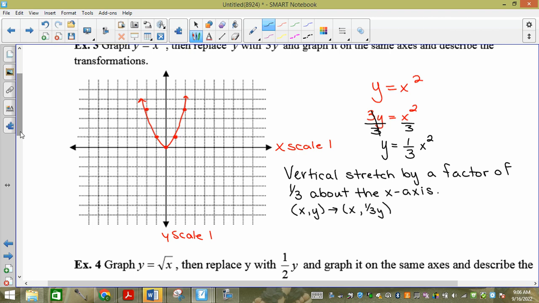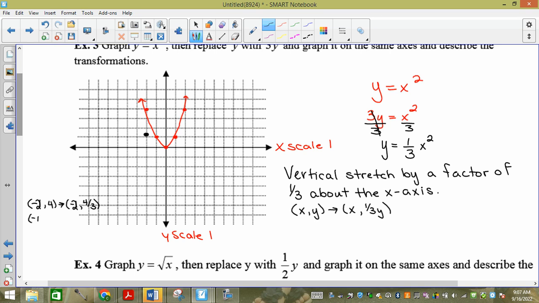Okay, so we have -1 and 4 is going to become -1 and 4/3. We agree? So it's -1 and like, that's not -1, that's -2. Oops. -2 and 1.33333. So it's going to be like here.